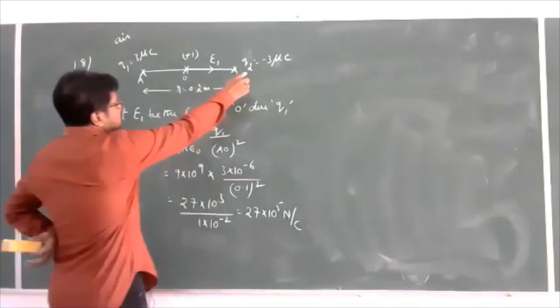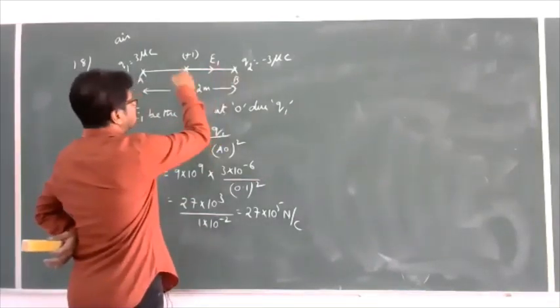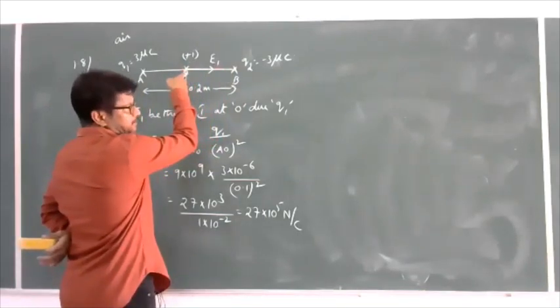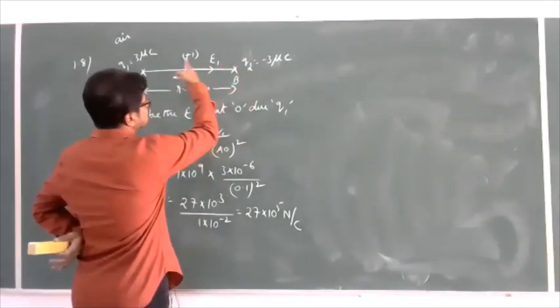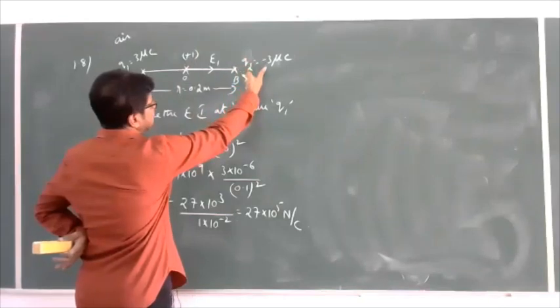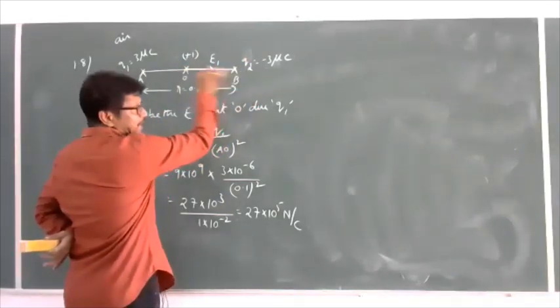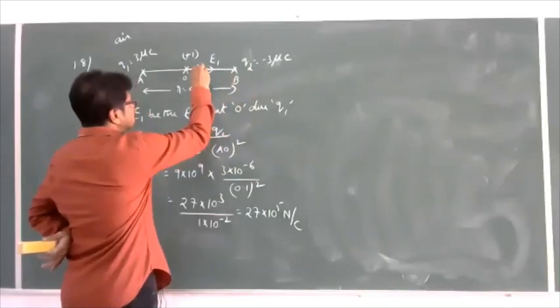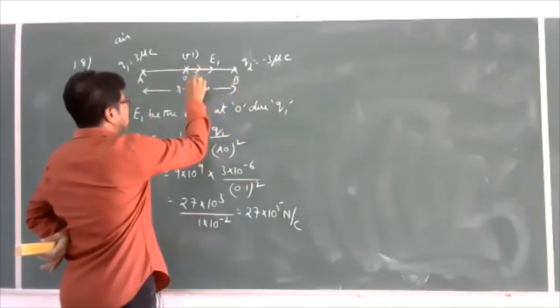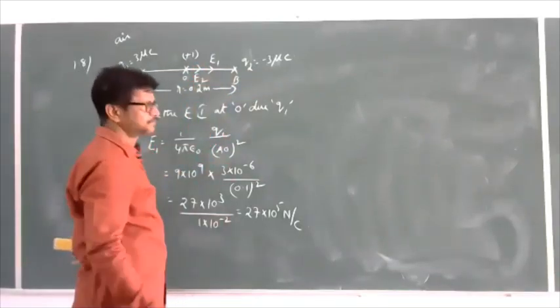Now because of the charge Q2, one more electric field will act here. Whereas this is positive, this is negative, so the attraction will take place. So the direction of electric field will be like this.